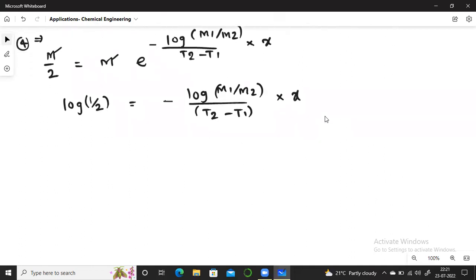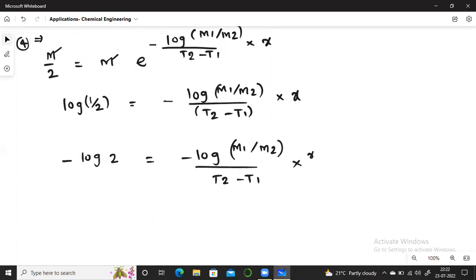Now log 1 over 2 you can write as minus log 2, because log 2 to the power minus 1, you can bring the minus to the left-hand side. So minus log m1 over m2 over t2 minus t1 into x. Now minus minus will cancel each other.